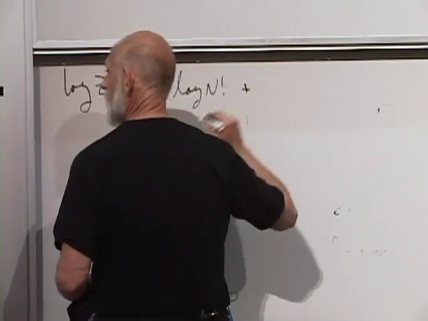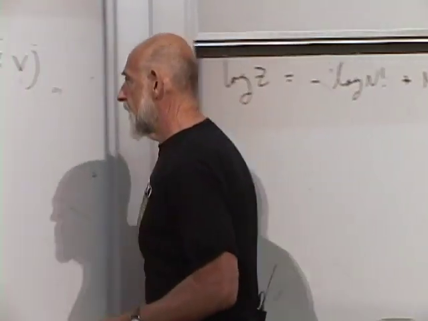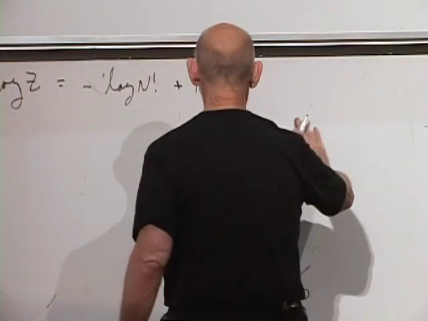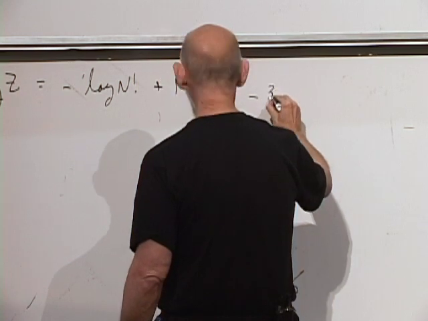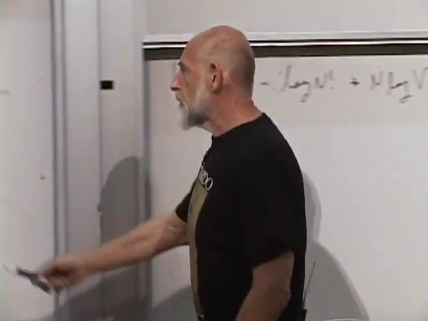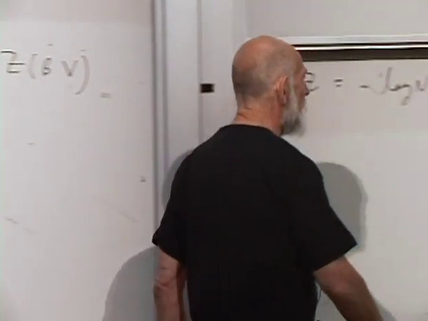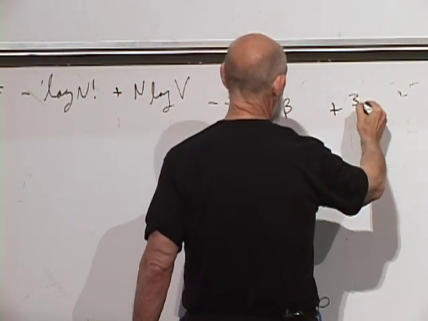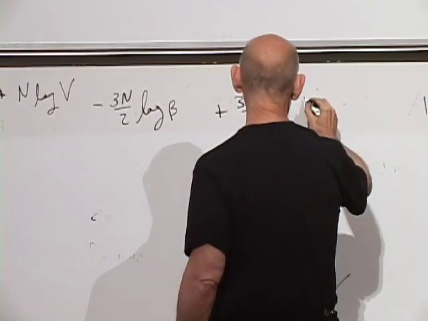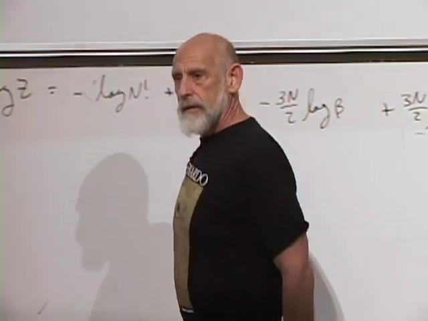Then there's plus N log of the volume, that's from here. And then there is minus 3n over 2 log beta. That comes from here. It's minus because the beta is in the denominator. And then there's plus 3n over 2 log of what? 2m pi? That's it.